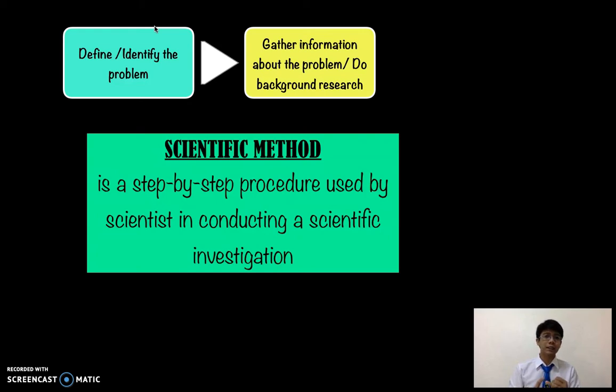Okay? Then second, do not only rely on the internet. You can also do a background research using books. Okay? And you can also use journals. Okay? These would also help you understand better, okay, the problem that you have in mind.